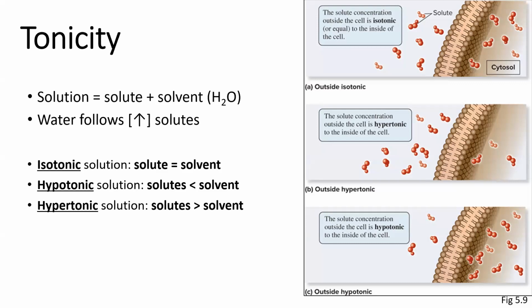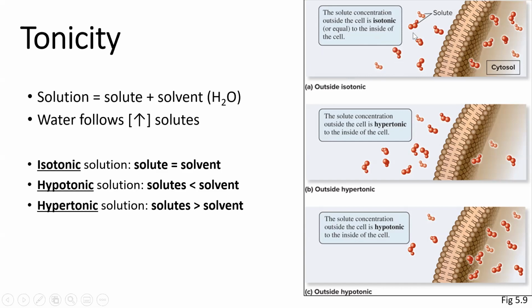You can have an isotonic solution in which the concentration of solutes is equal to the solvent. So basically, the concentration found in the cell is going to be equal to the concentration of solute outside of the cell.